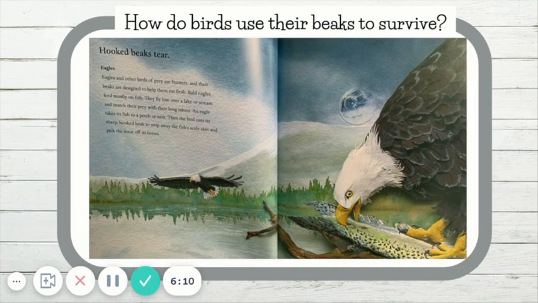They fly low over a lake or stream and snatch their prey with their long talons. An eagle takes its fish to a perch or nest. Then the bird uses its sharp hooked beak to strip away the fish's scaly skin and pick the meat off its bones. Wow, that is interesting.